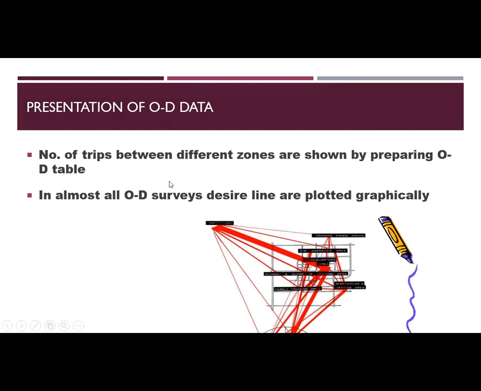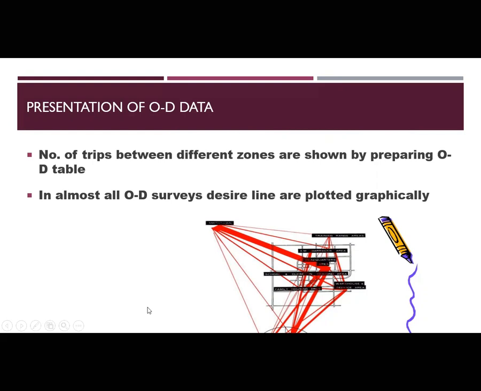Now, the presentation of that kind of data. The number of trips between different zones is shown by preparing an origin and destination table. Almost ordinarily, desire lines are plotted graphically. Even if you collect the data in tabular format, diagrammatic information is more important.